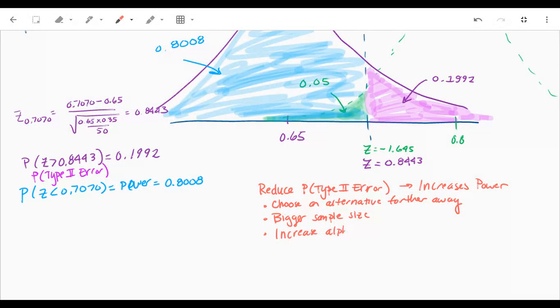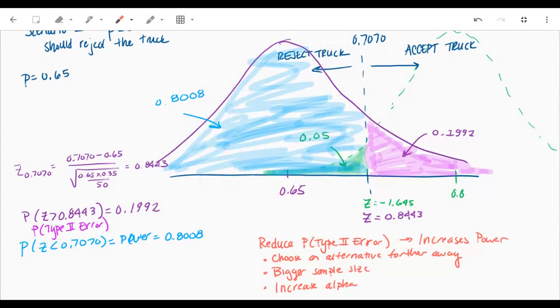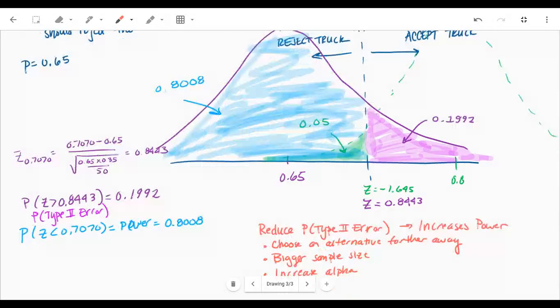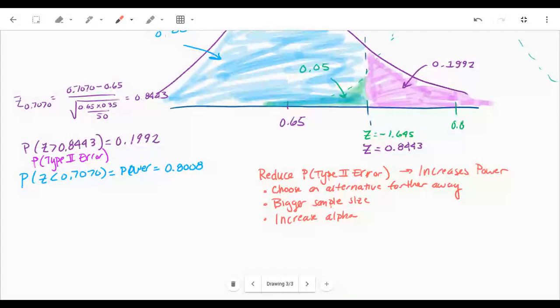If I want to shift that blue dashed line to the right, then that green area gets bigger and the purple area gets smaller. And that green area, remember, is alpha. So alpha gets bigger, so that also increases the probability of a type 1 error.